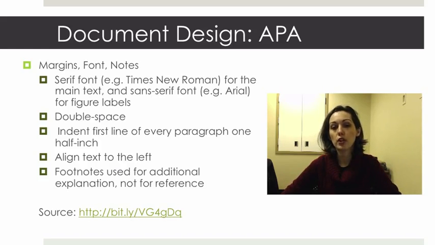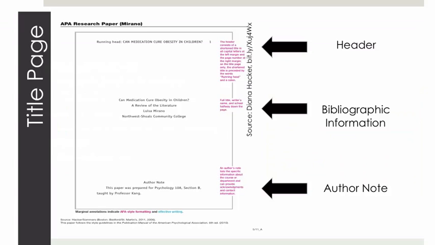You need to write your manuscript double-spaced, indent the first line of every paragraph about half an inch, align your text to the left, and if you're going to use footnotes, you will need to use them for additional explanations, not for references. The in-text citations are going to be in the form of parenthetical citations.